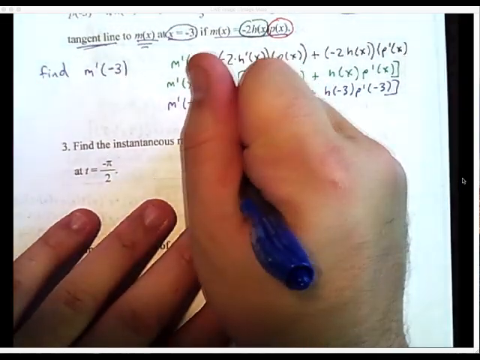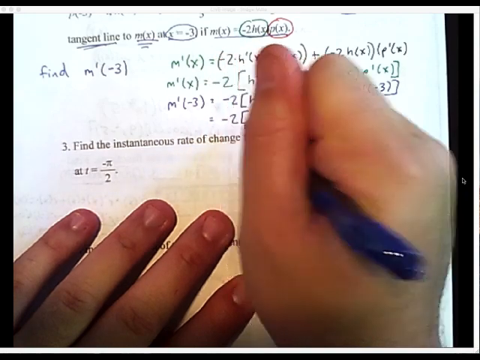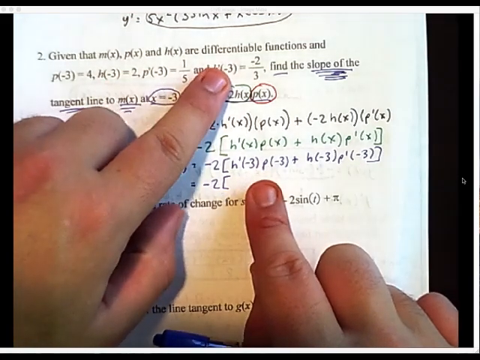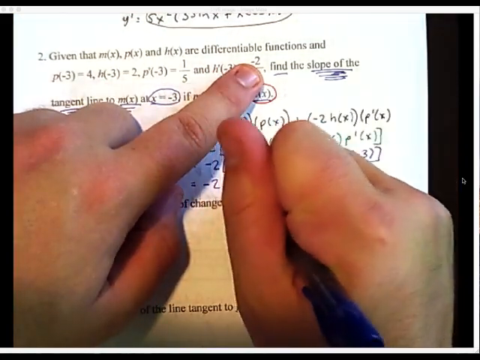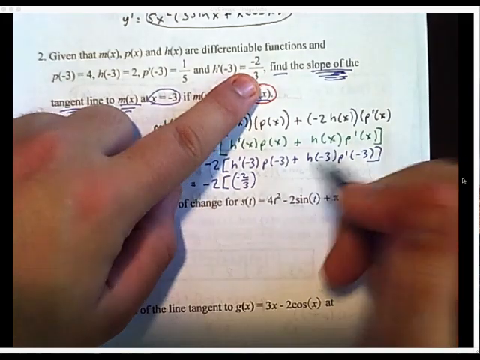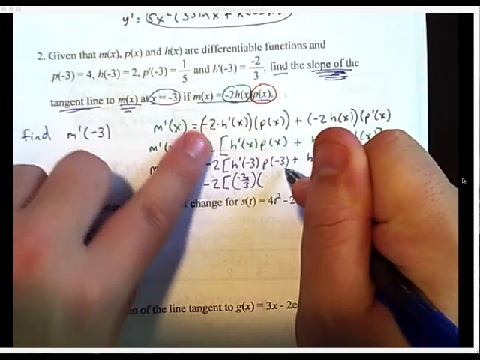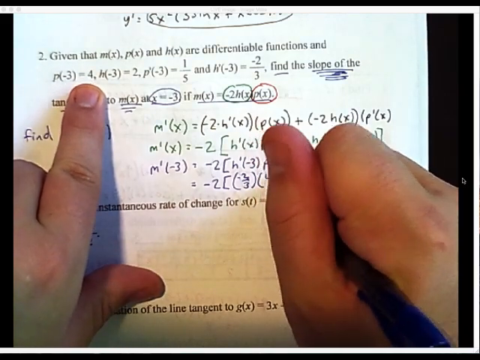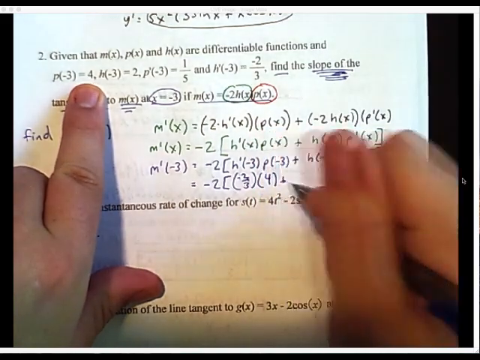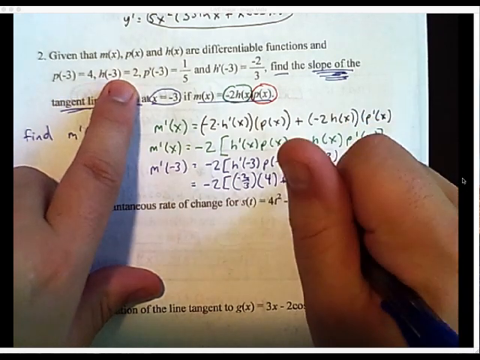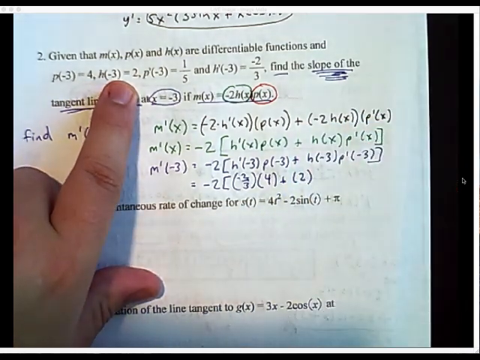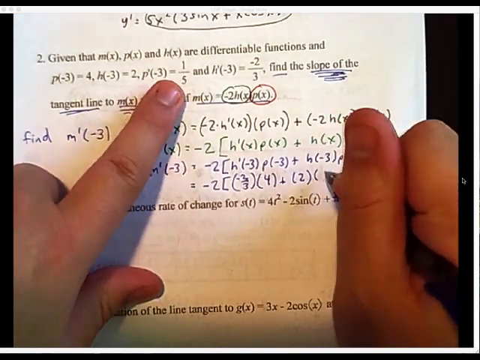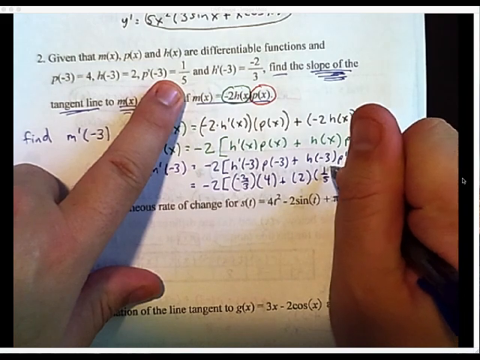I'm going to use the given information to help me find these things. So h prime of -3, it tells me that's -2/3. P of -3, okay, that's 4. Just got to find the right information. Plus h of -3 is 2. And p prime of -3 is 1/5.